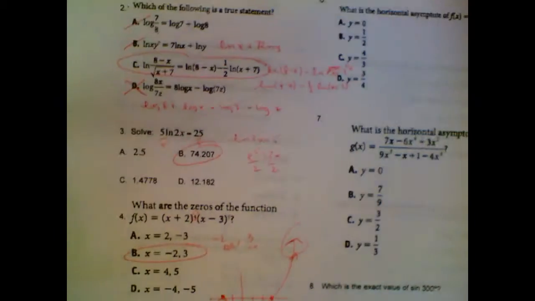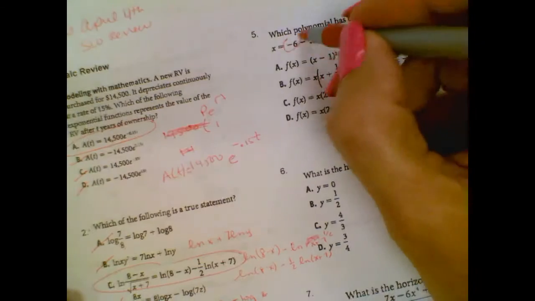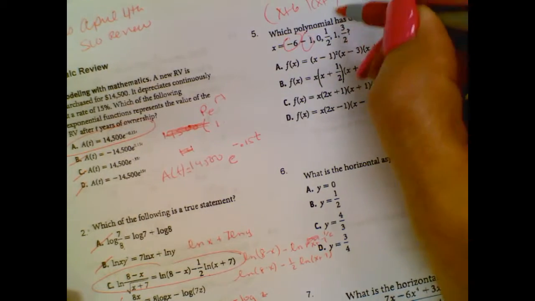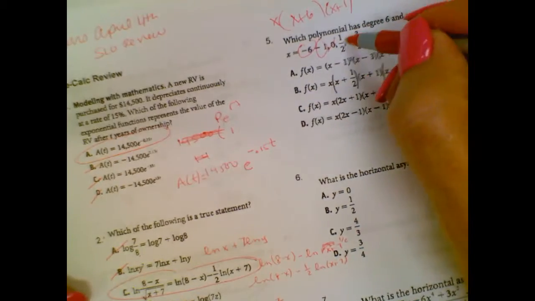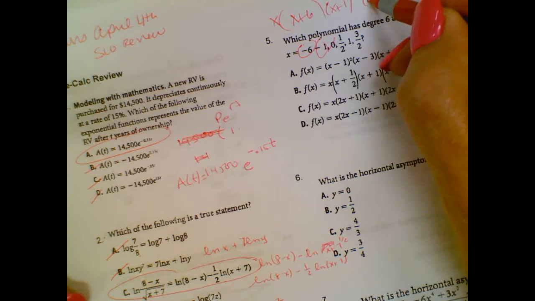All right, 5. Which polynomial has degree 6 and zeros? So this one should be an x plus 6. The second one should be an x plus 1. The 0 means there's an x out front. A 1/2 means that you would go x minus 1 and put the 2 out front. So if it's a fraction, the numerator goes here, the denominator goes out front.